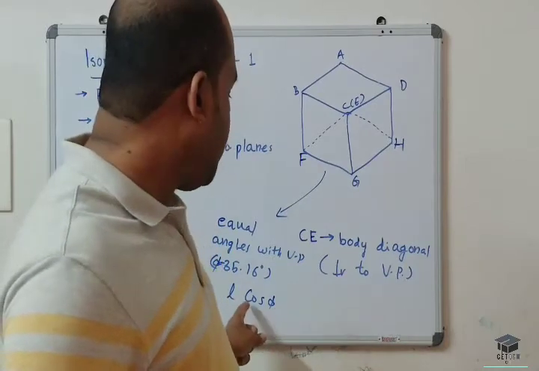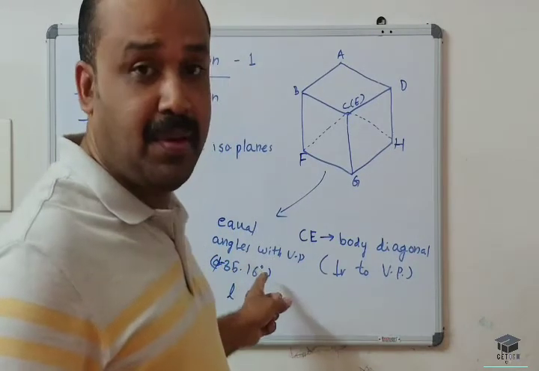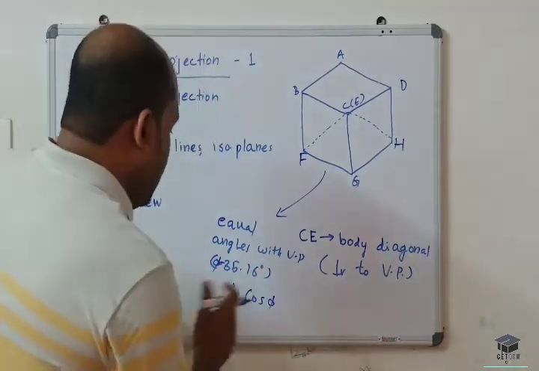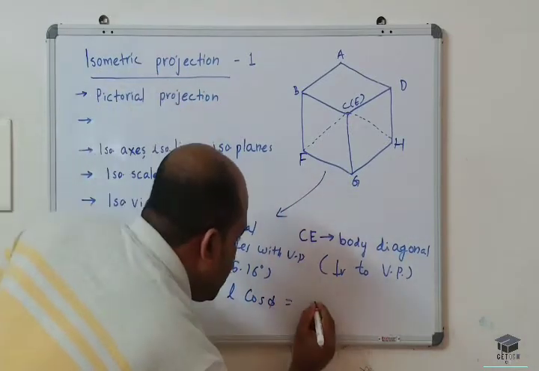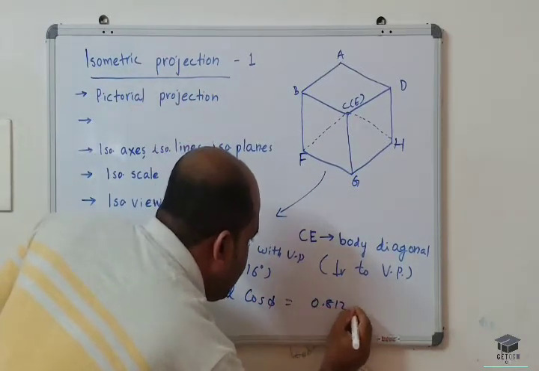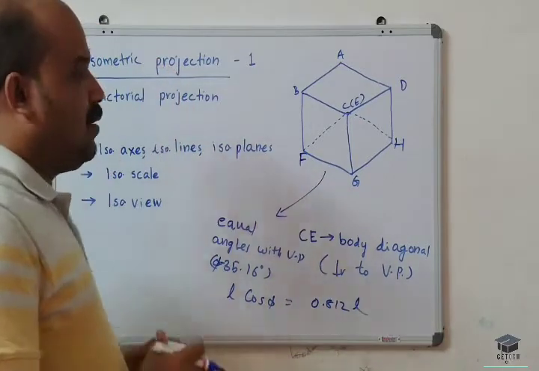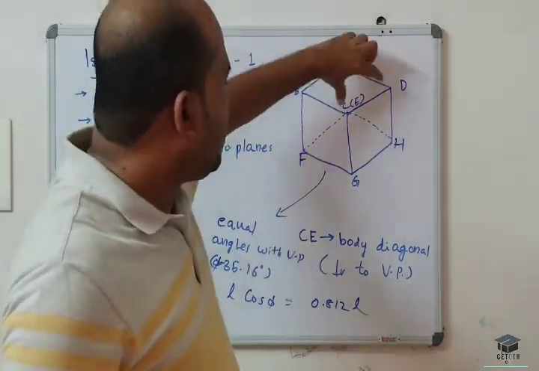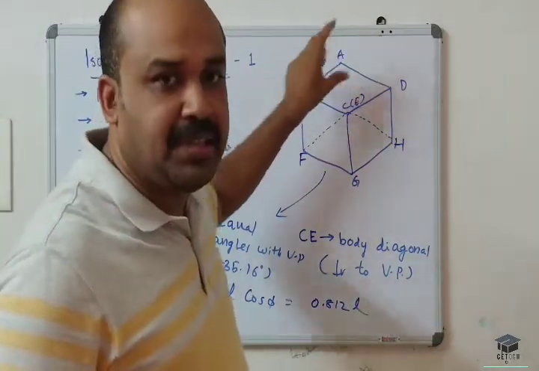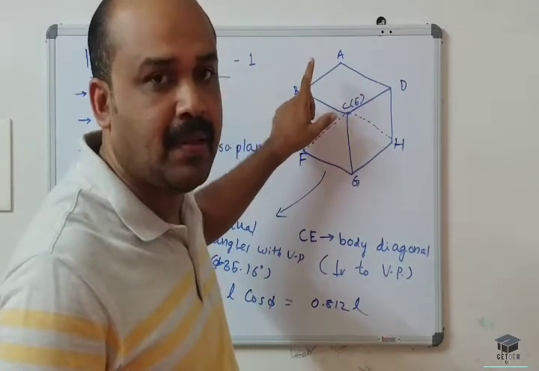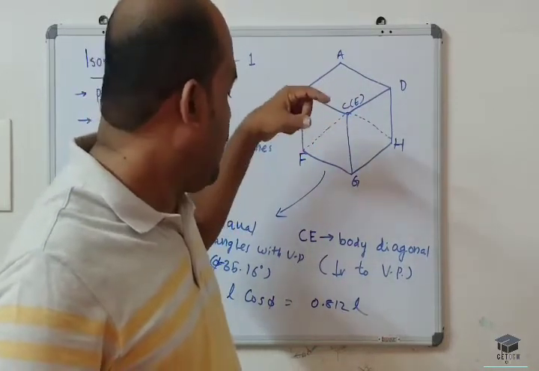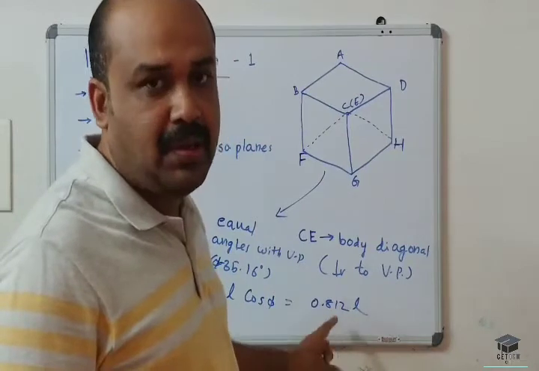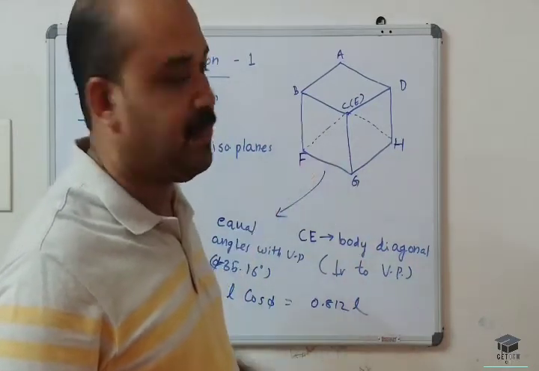Then what is the value of cos phi? Cos 35.16 is 0.812. So the length of these edges in this position will be 0.812 times the actual length.